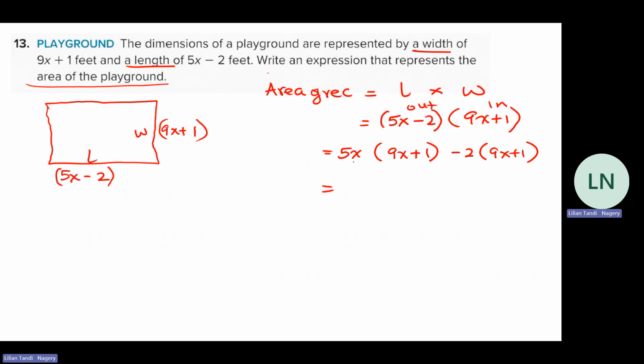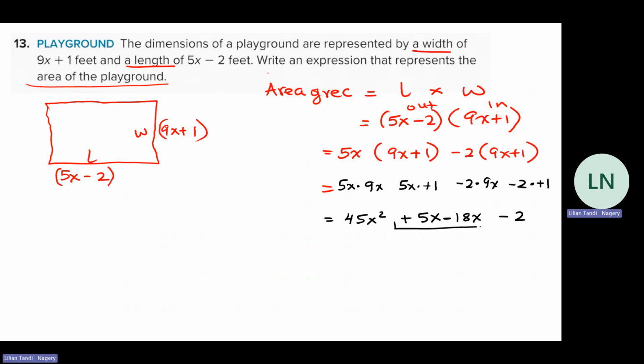Then you solve it. 5x times 9x, 45x squared. 5x times +1, +5x. -2 times 9x, -18x. -2 times +1, -2. These are friends.